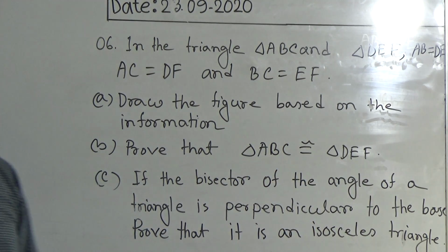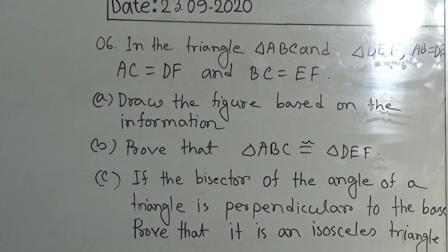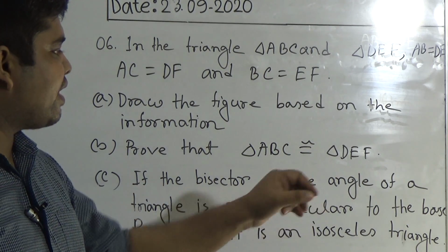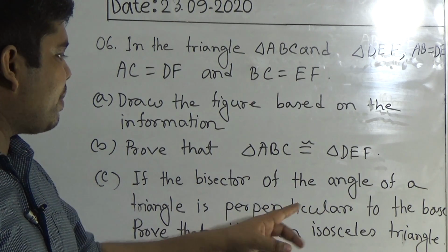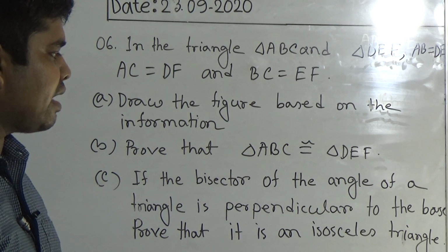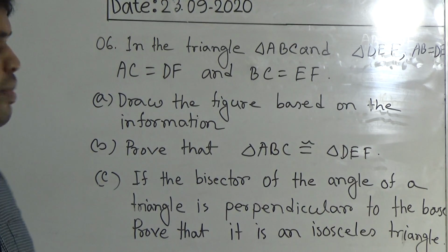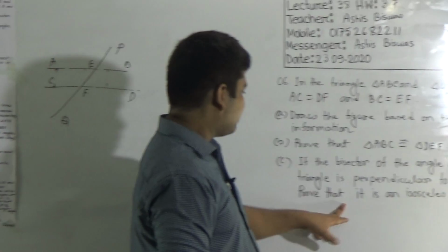We have already proved this in our previous classes, so take help from those classes. Question C, if the bisector of the angle of a triangle is perpendicular to the base, prove that it is an isosceles triangle. We have also read this question in our previous classes. Okay, take help from those classes.